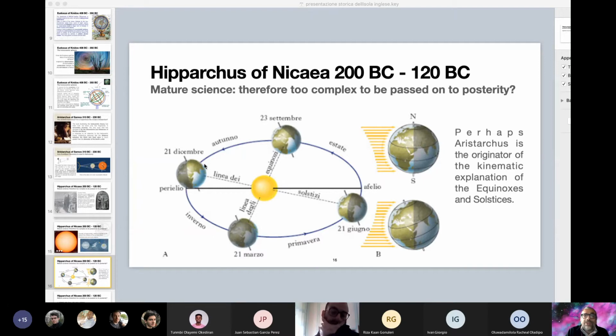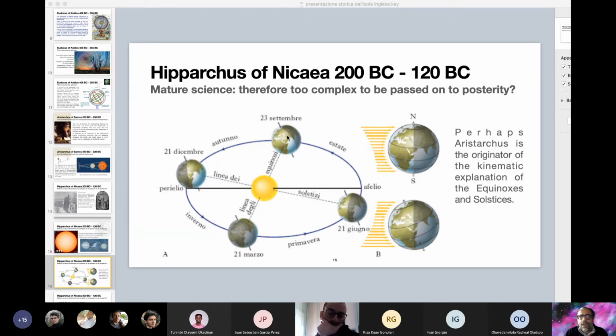Okay, so the inclination of the axis of rotation of the Earth allows you to describe this alternation of equinoxes and solstices.